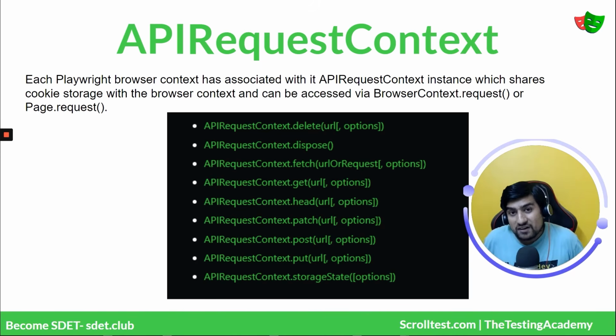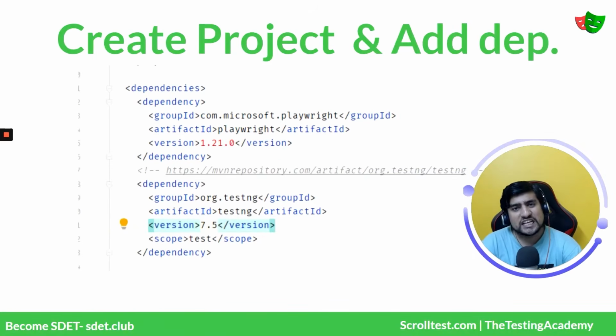This is helpful where you require authorization using APIs. After API authorization you get some cookies or values, and you can directly add them to the browser also. But right now we are focusing on the CRUD operation. It's very easy to do.